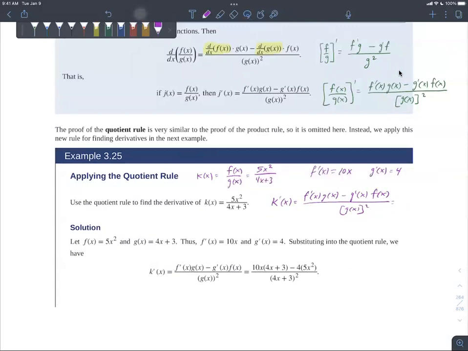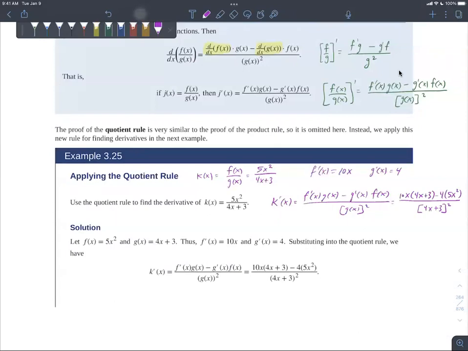This is f prime of x, which is 10x, times g of x, which is 4x plus 3, minus g prime of x, which is 4, times f of x, which is 5x squared. This is all divided by the function g, 4x plus 3, and this function should be squared.